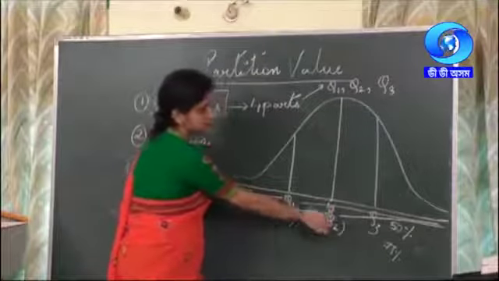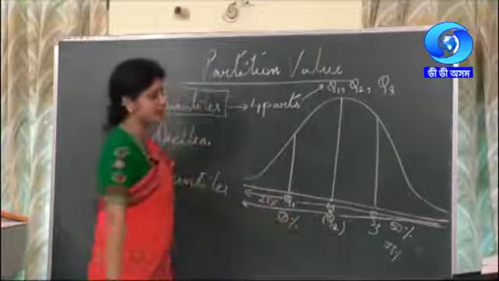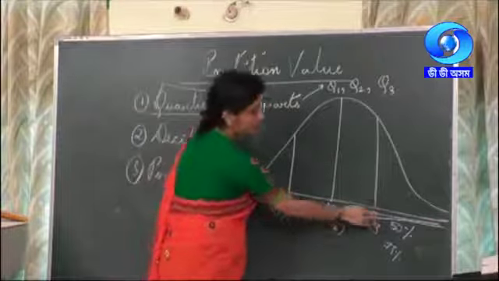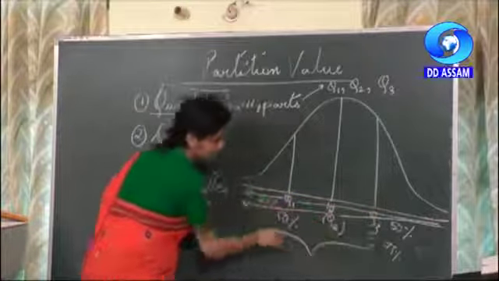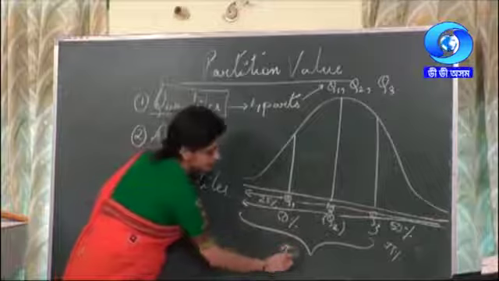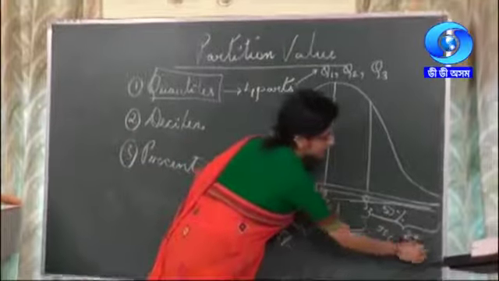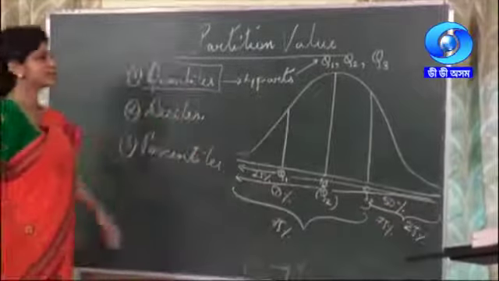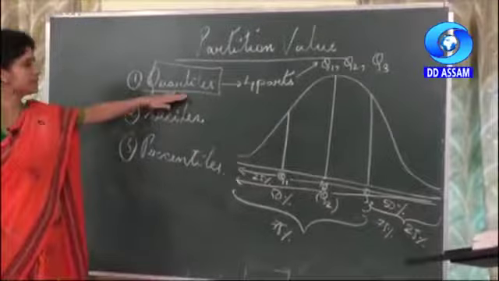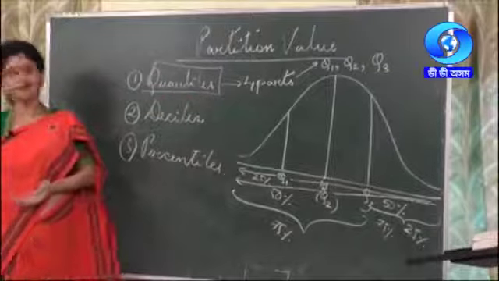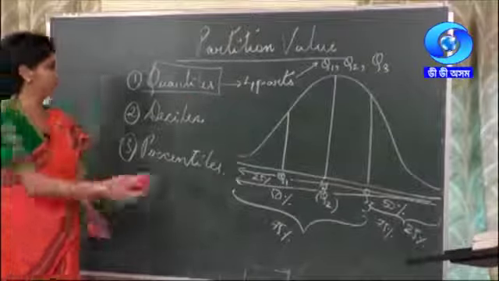Obviously median and Q2 are same, so it is 50 and 50. Below Q3 we have got 75% observations and above Q3 we have got 25% observations. This is quartiles.